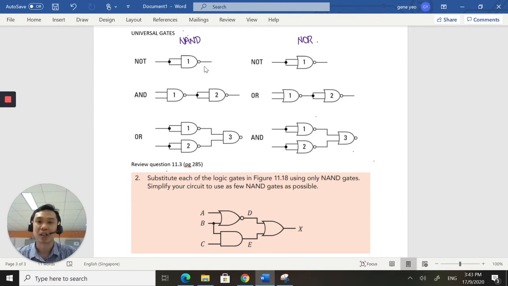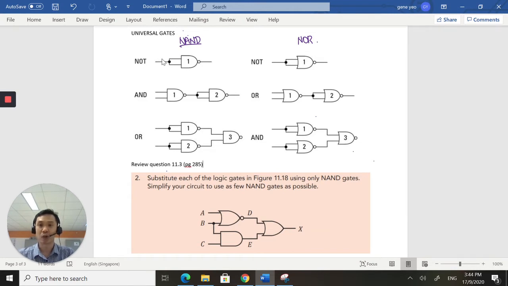Okay, so you have to remember how to draw and how to build the other gates using the universal gate. So let's take a look at the NAND gate first. If I want to build a NOT gate using a NAND gate, all I do is short the input of the NAND gate. So I short it to make it a one input, and the output will give me the opposite of the input.